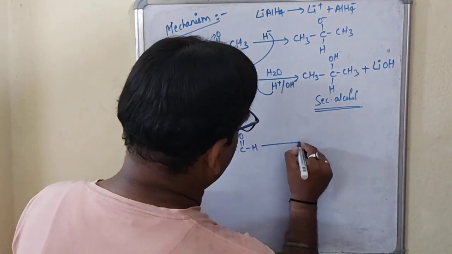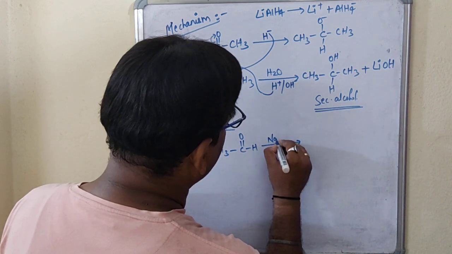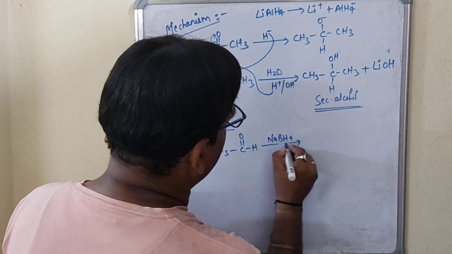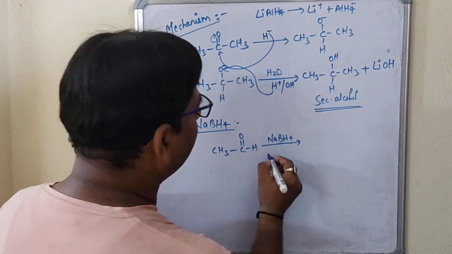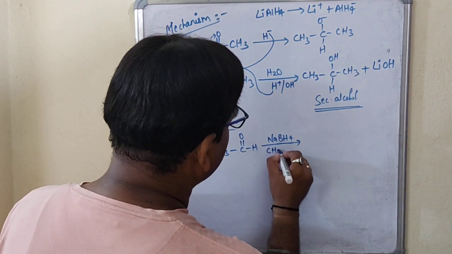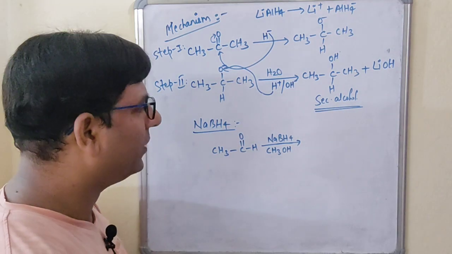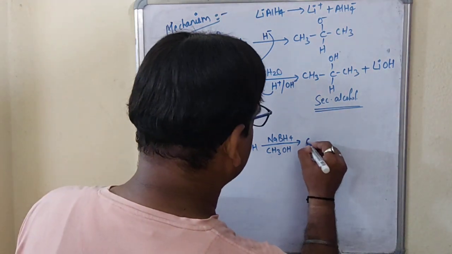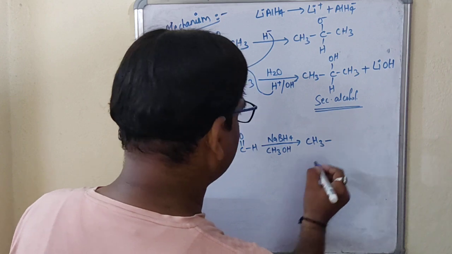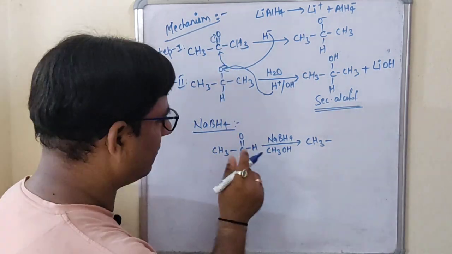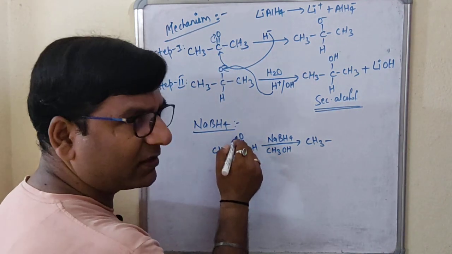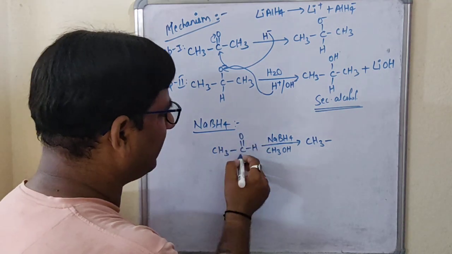Now, in the same way, I am using sodium borohydride, and I will use CH3OH, methanol. Now what will be the product? Easily we can write CH3, this bond will be broken on this oxygen. O will get minus, C will get plus.